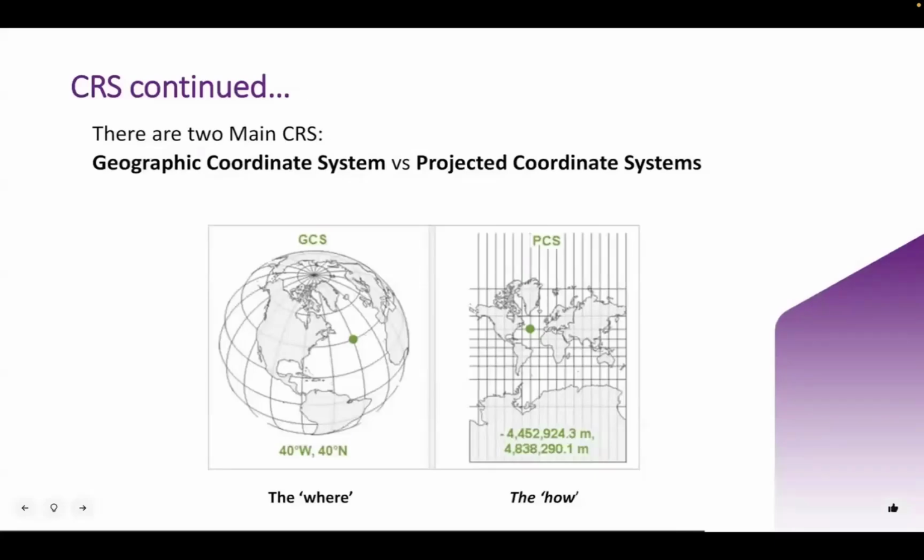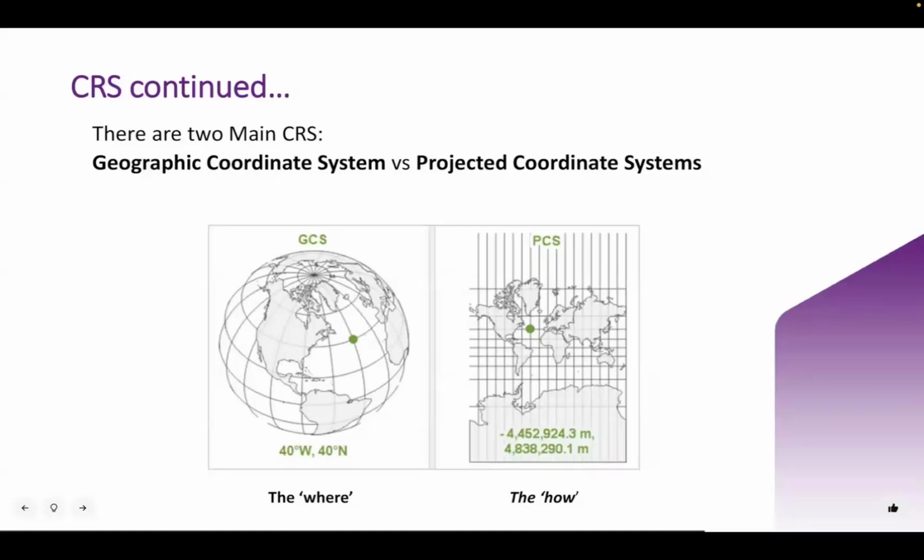The geographic coordinate system on the left is the where. This defines a location on the Earth's surface using latitude and longitude. So, for example, crime incidents are recorded with GPS coordinates using what we call the EPSG, which we'll be looking at tomorrow.